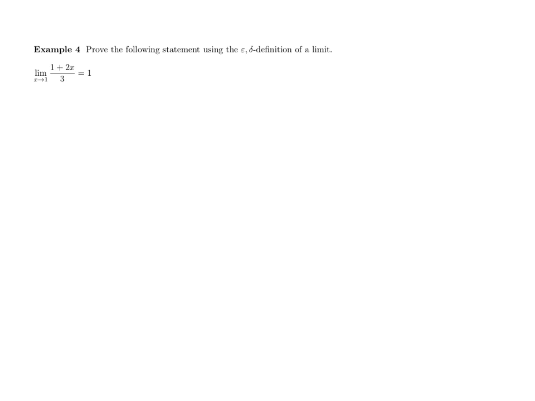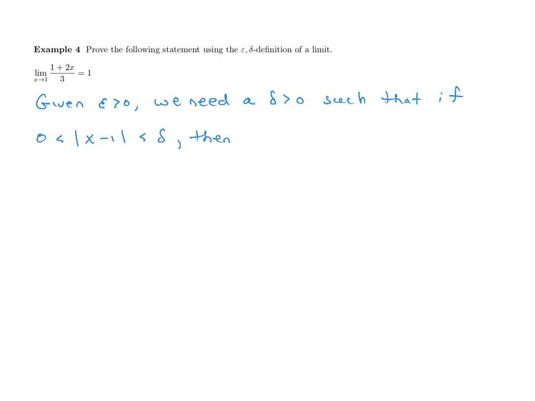In example 4, we will prove this limit by using the epsilon delta definition of a limit. So to start, I'll say, given epsilon greater than 0, we need a delta greater than 0 such that if 0 is less than, in this case, |x minus 1| is less than delta, then the function, which is |(1 plus 2x)/3 minus 1|, is less than epsilon.